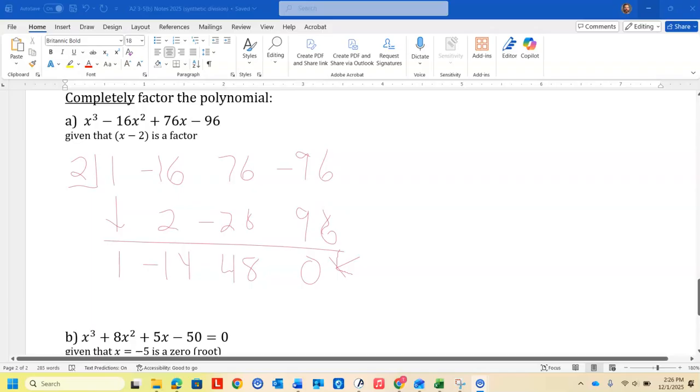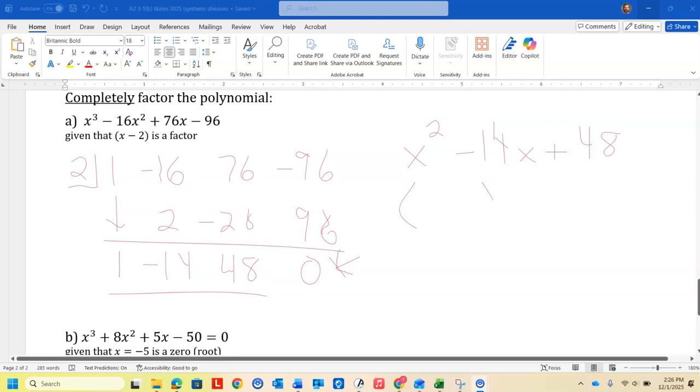So what's left here is these coefficients: 1x squared minus 14x, and then plus 48. Think, how can I factor that?